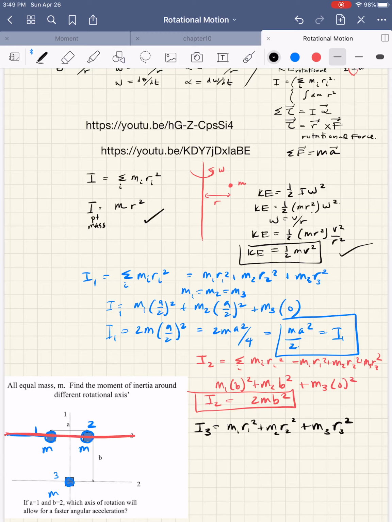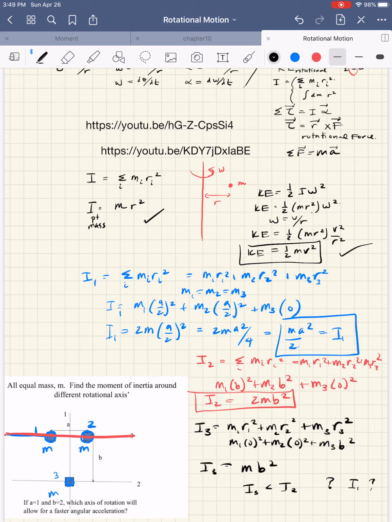And here, both mass 1 and mass 2 are 0 away from the axis of rotation. And so that leaves only mass 3, which is now going to be b away. So I sub 3 is m b squared. So I sub 3 is clearly less than I sub 2, but it's hard to gauge I sub 1 because we don't have a relationship with a in terms of b.